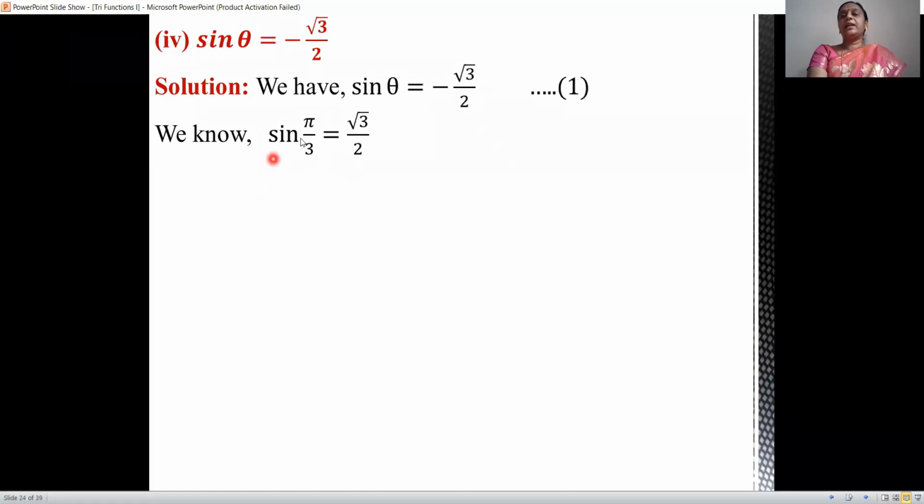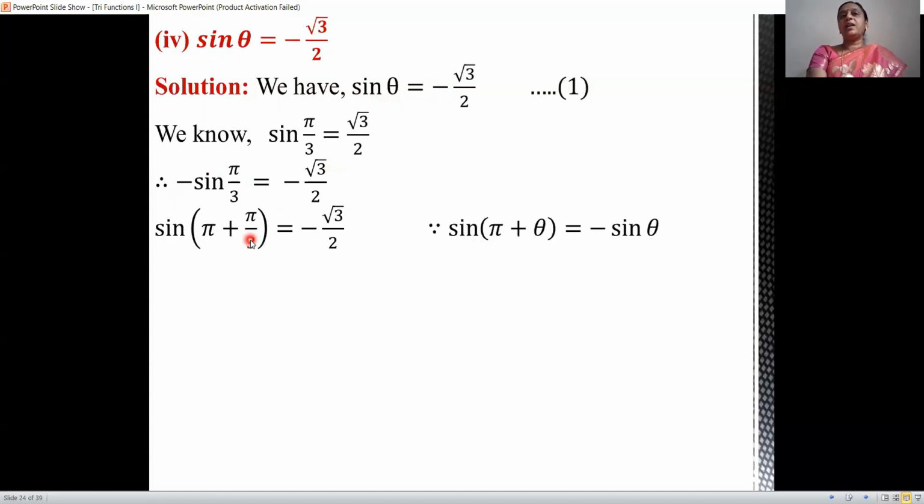Where do we get the value of sine root 3 by 2 in the table 0 to 360? You know that at sine pi by 3, the value of sine theta is root 3 by 2. Write down that sine pi by 3 is equal to root 3 by 2. Then take the negative sign on both sides. If I take the negative sign on both sides, then I get sin theta is equal to minus sin pi by 3.